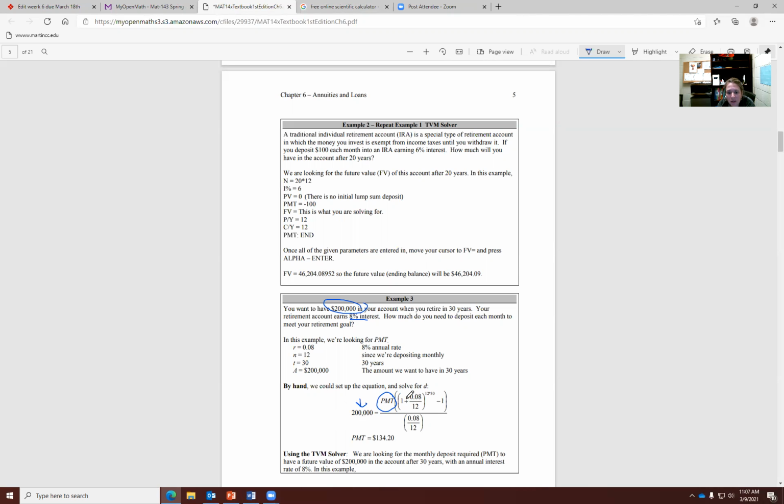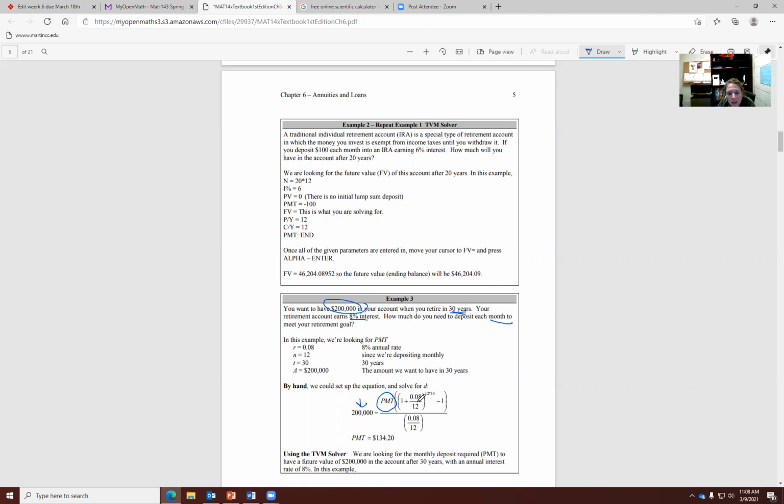And then we put in the rest of it, okay? So you're trying to figure out how much monthly amount do I need to make. Your rate here is 0.08. You have 200,000. That's going to be your annuity amount. You are looking at 30 years here, so that's your time. And we're talking monthly, so that's 12.